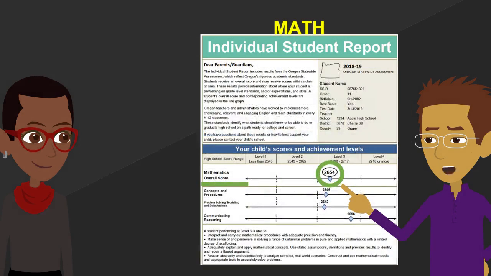I see that my daughter got a 2654 for her mathematics overall score. Does this mean that she got 2,654 math questions right? That must have taken forever. Oh, I can see how you might think that. Fortunately, Sophia did not have to do over 2,000 math problems on the statewide summative assessment.